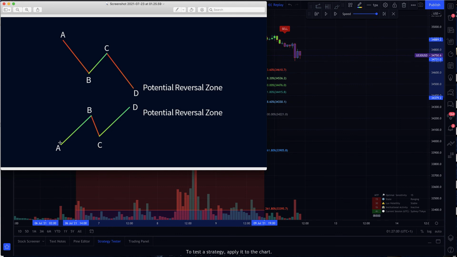You will be in a position to identify a potential reversal taking place, in that case when we come to D going down, and in that case when we are coming down and reversing back up. And I think tomorrow we could have a reversal from here going up, possibly. If it's going to happen, fantastic. If it's not going to happen, then we're going to let the market drop.